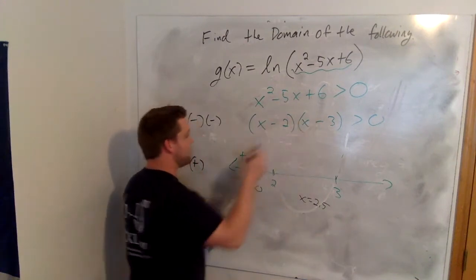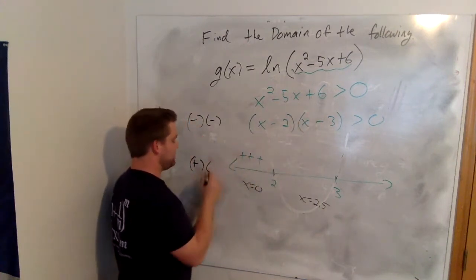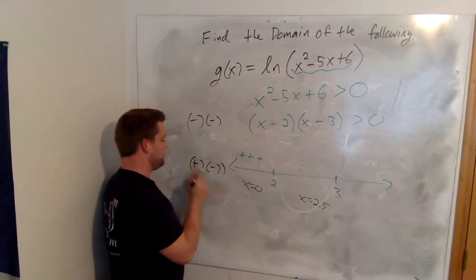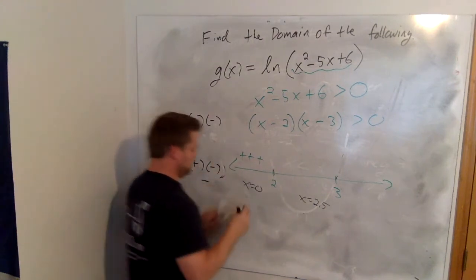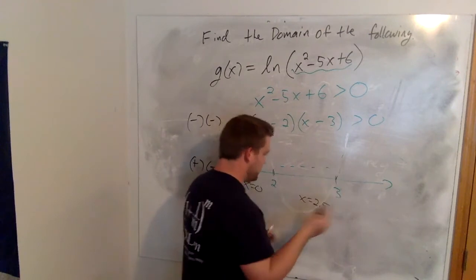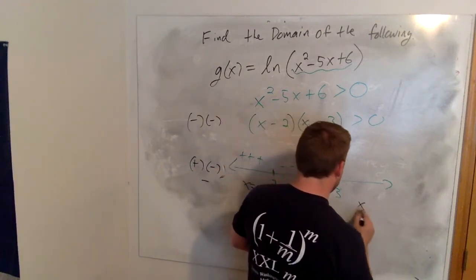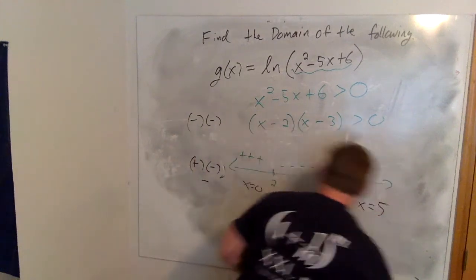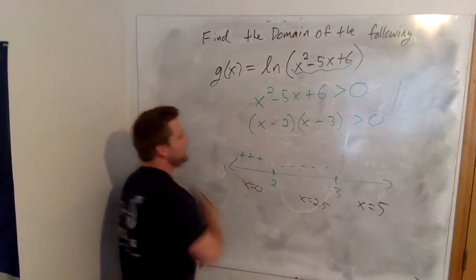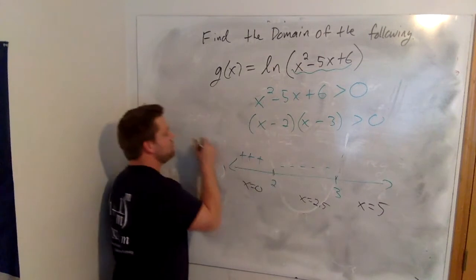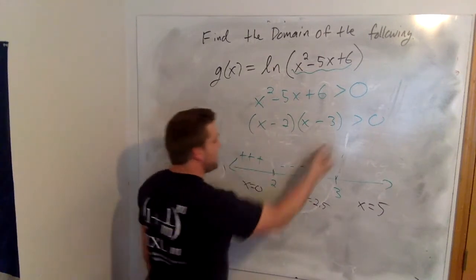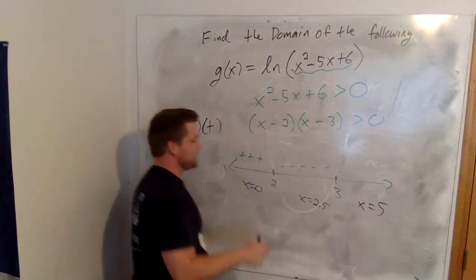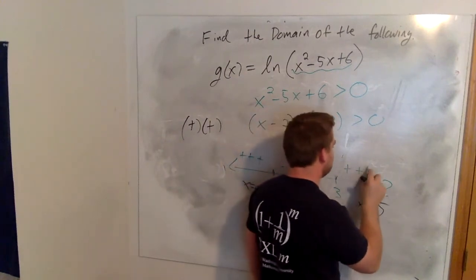And 2.5 minus 3, well, 2.5 is smaller than 3, so that'll be negative. So a positive times a negative is a negative, so it's negative in here. And similarly, pick a number bigger than 3, I don't know, 5 or 100 or 1,000,000, anything bigger than 3. Well, 5 minus 2 is positive, and 5 minus 3 is positive. A positive times a positive is a positive.